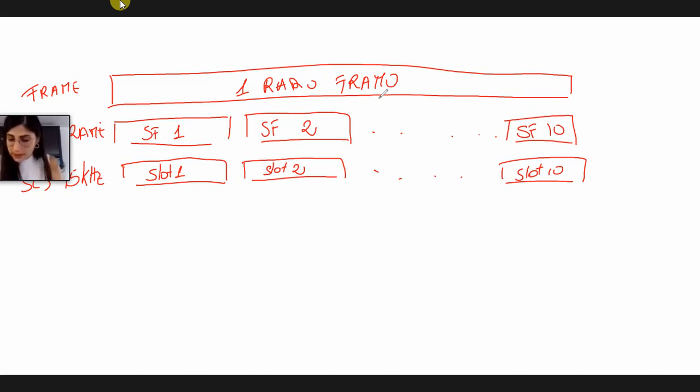So these slots are slots of uplink or slots of downlink, the entire slot. But now with 5G, we have another layer of flexibility, because inside one slot, we have our 14 symbols.